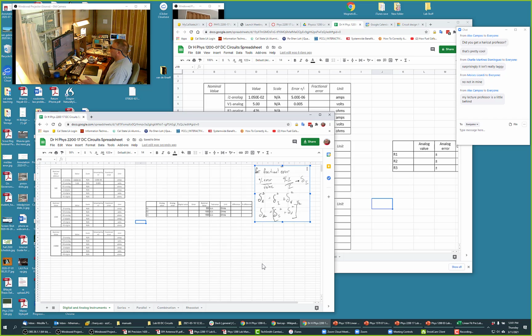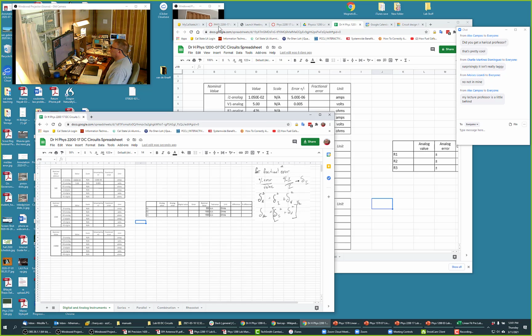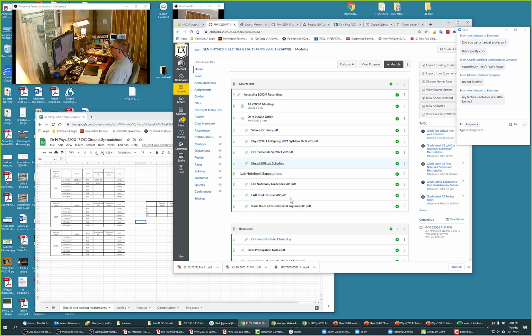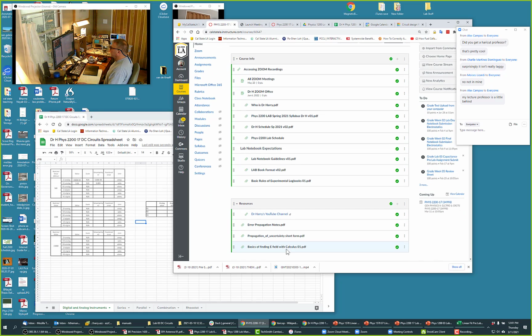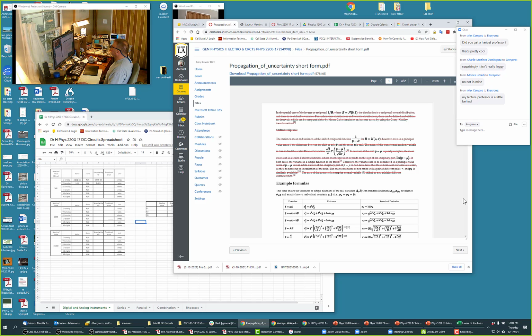Now don't forget that this is also the table for these error propagation equations. Propagation of uncertainty, short form. And I'm pretty sure I've shown you this before.